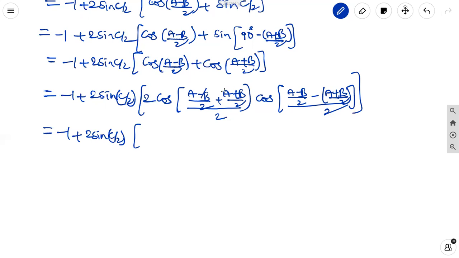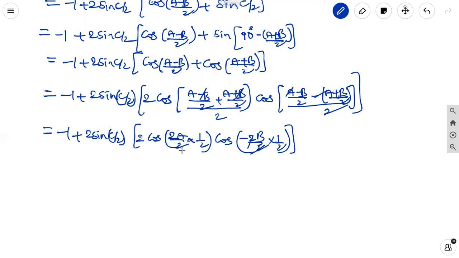Here minus B by 2 plus B by 2 get cancelled and we get A by 2. That is 2 cos of 2A by 2 times 1 by 2, cos of minus 2B by 2 times 1 by 2. Here the 2s get cancelled.